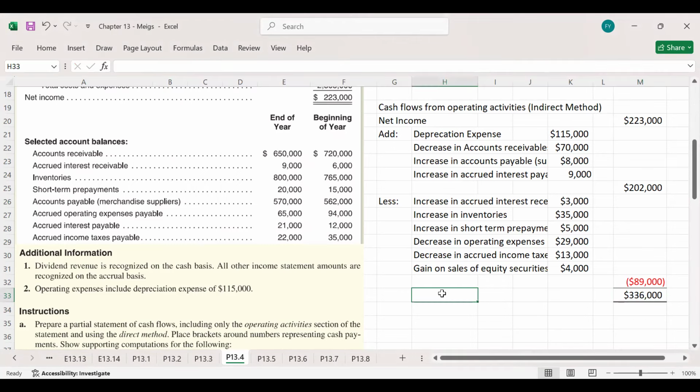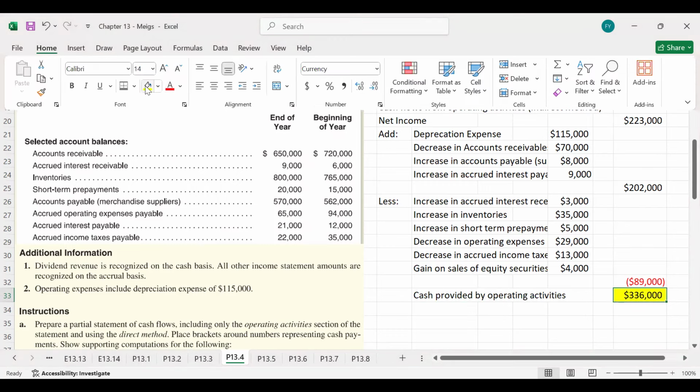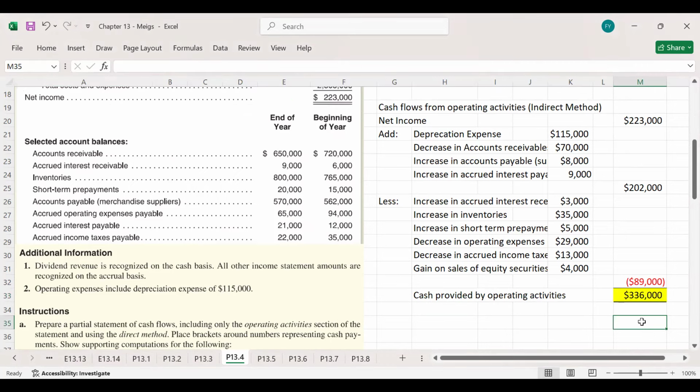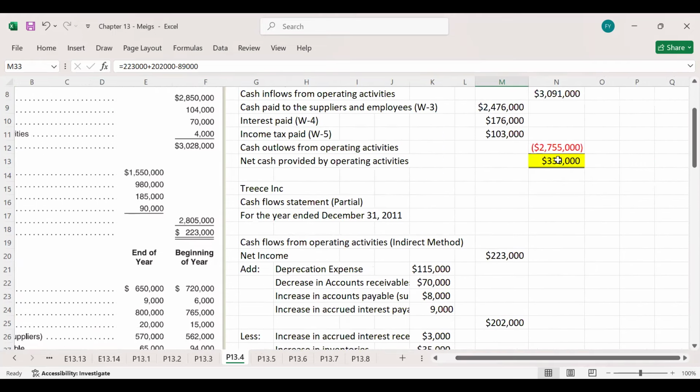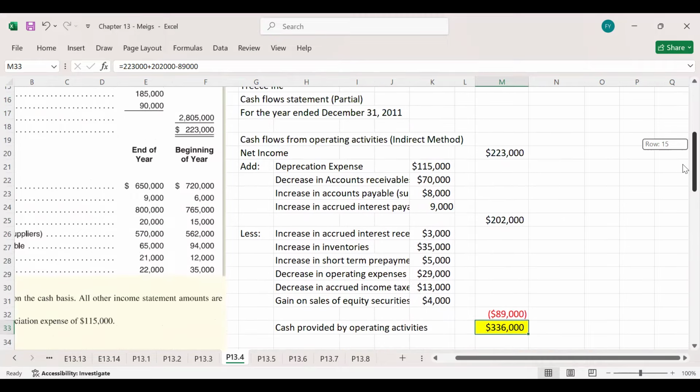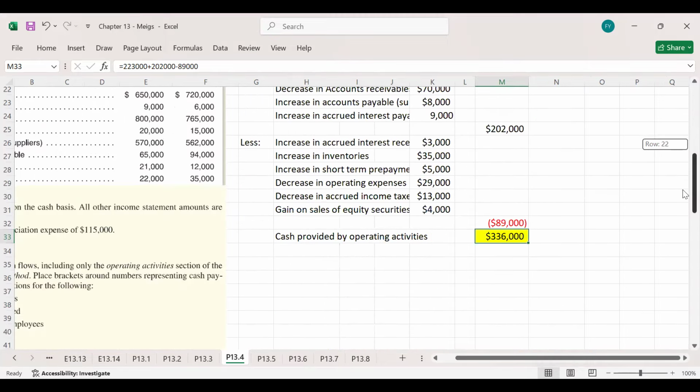So we have cash provided by operating activities under which method? This one is the indirect method, and you can check the cash provided by operating activities whether we are using the direct method or the indirect method. Both are the same. However, the way of calculating these amounts is different, two entirely different approaches, but the answer is the same.